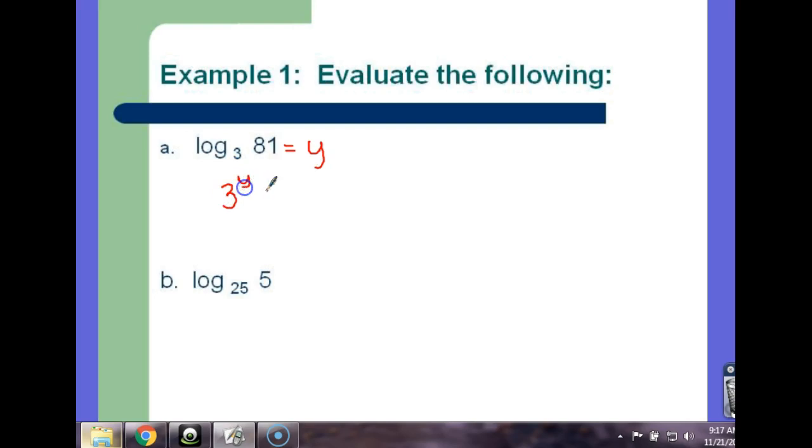So it's 3 to the y equals 81. So when I'm trying to solve for that, the y value we're looking for is what? 3 to what power is 81? 4. So the answer is 4. Log base 3 of 81 is equal to y, but y is equal to 4.